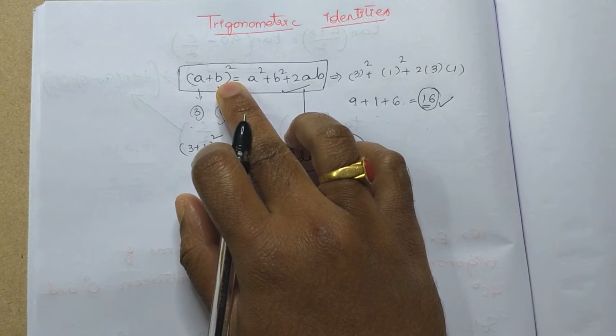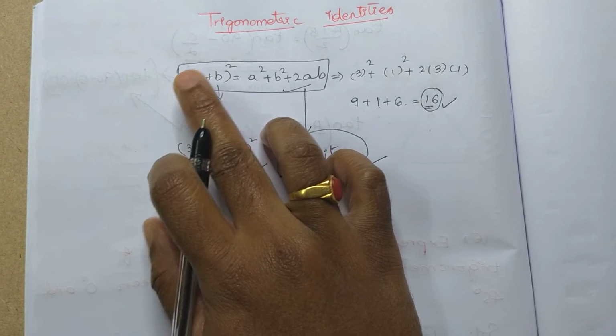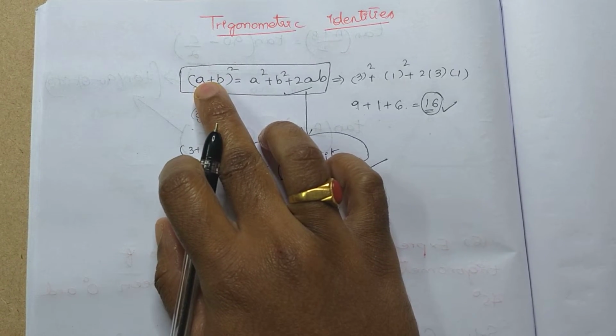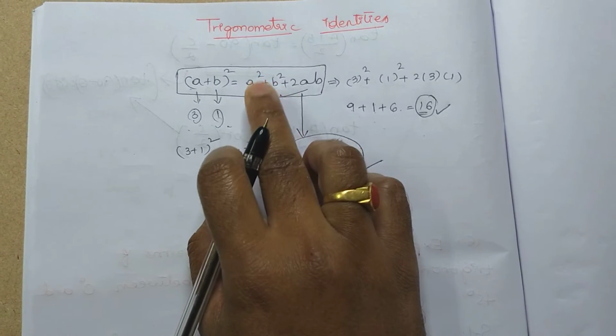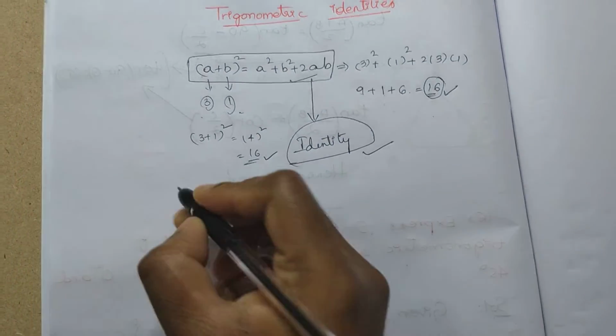Here a and b are called variables, right? So if the mathematical equation remains true for all the values of the variables in the equation, then such an equation is called an identity. Okay, let's write that.